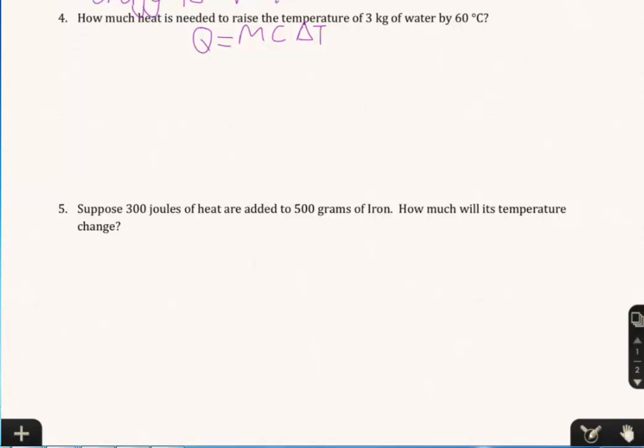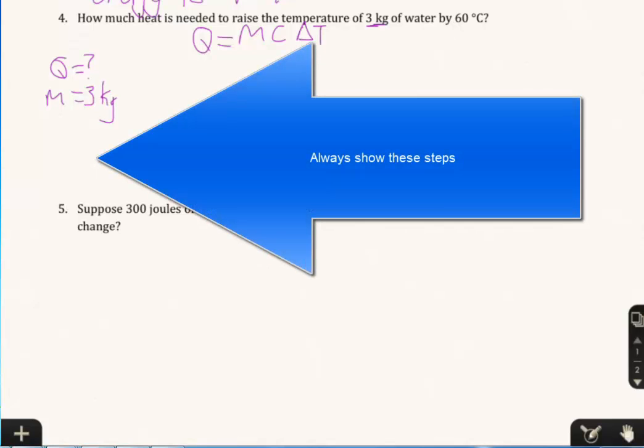Okay? So if I'm looking for Q, how much heat is Q, that's my question mark. I don't know that one. 3 kilograms of water. Grams measure mass. So that's telling me I have 3 kilograms. Now I need to be very, very careful with that unit. Kilograms are not grams. Okay, so it's got to go to 3,000 grams.